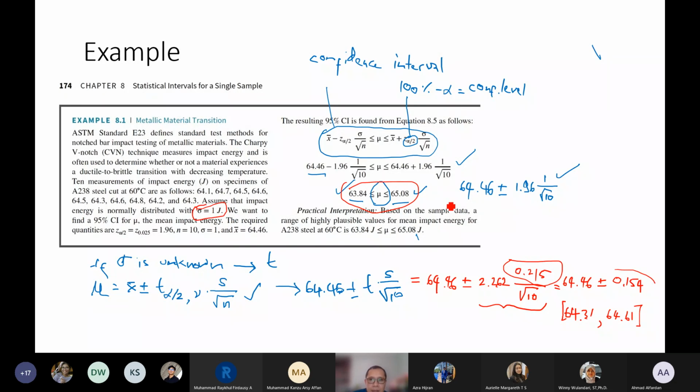Anyway, that's how you calculate the confidence interval of the population mean when we assume that the sigma is known or unknown. If this S is assumed to be sigma, then of course the T will be replaced by Z, and the Z will be 1.96, right?